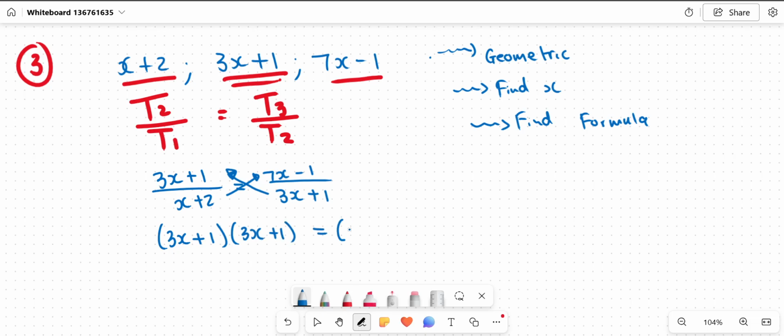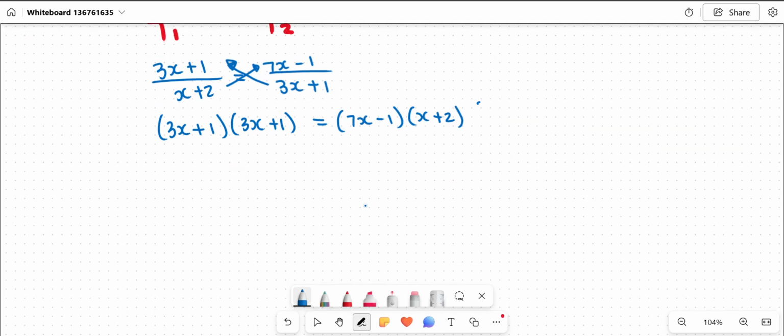And on this side, you get 7x minus 1 times x plus 2. Then you need to expand those brackets. This is just 9x squared, foiling, plus 3x plus 3x plus 1. That one is 7x squared plus 14x minus x minus 2.